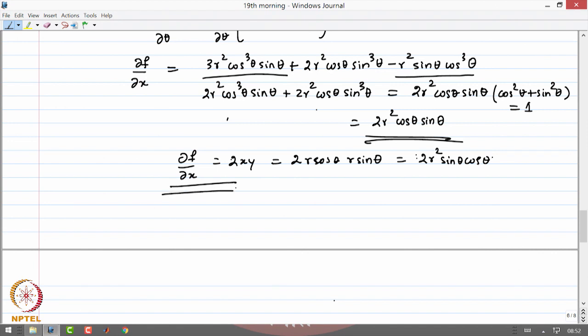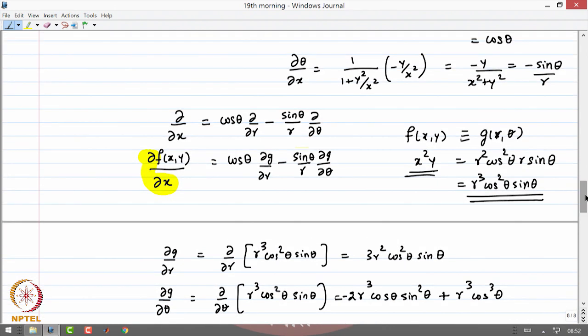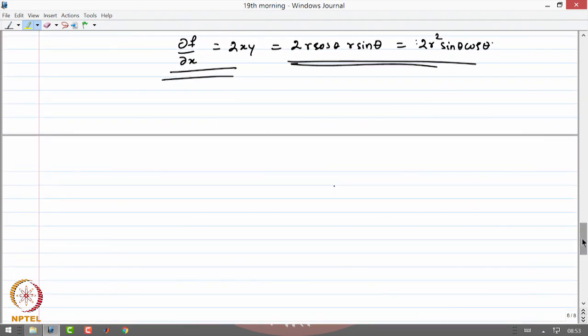Therefore, you see that the equivalence of the derivative is given by this expression for the x. Likewise, for the y, you can calculate immediately.